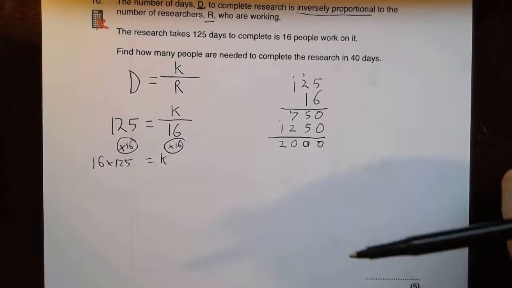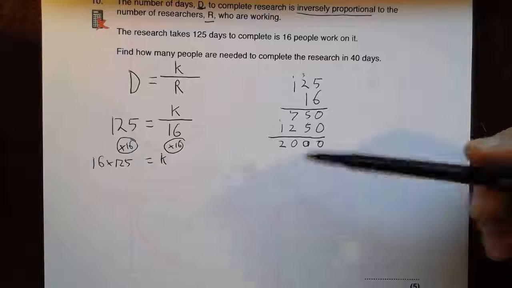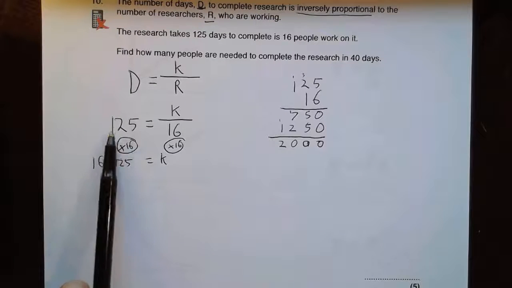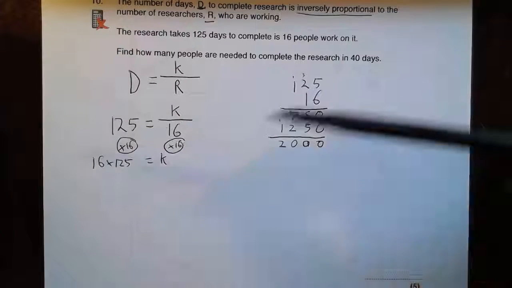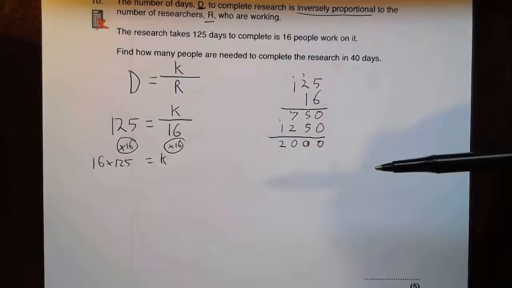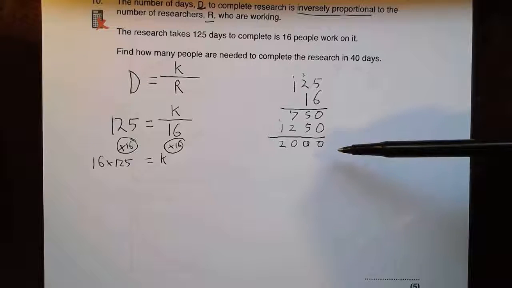The way I picked up that error I nearly made was I realized that if I was multiplying 125, I would never get something ending in a 10. It couldn't happen. So I just took a moment to think about whether that was reasonable.